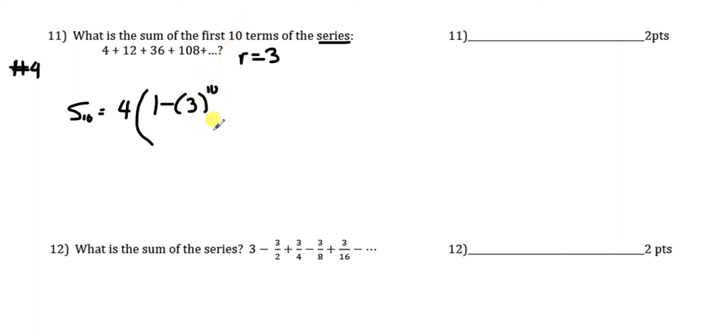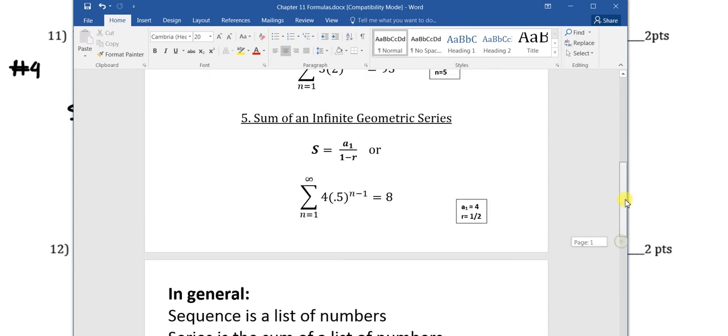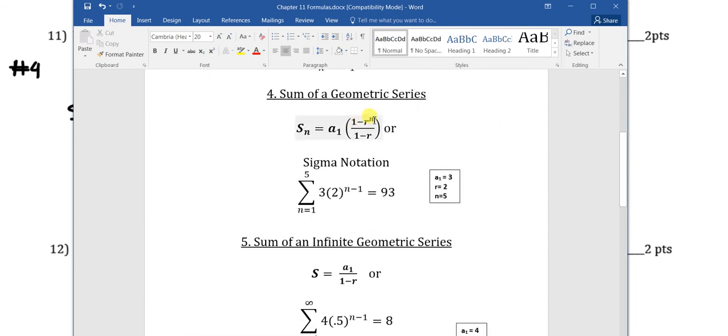Get confused sometimes because it's easy to go 9th power, because some of the geometric has n minus 1 when you use the sequence, all over 1 minus R, which is 1 minus 3. And let's just double check that. Formula number 4, 1 minus R to the n, over 1 minus R.